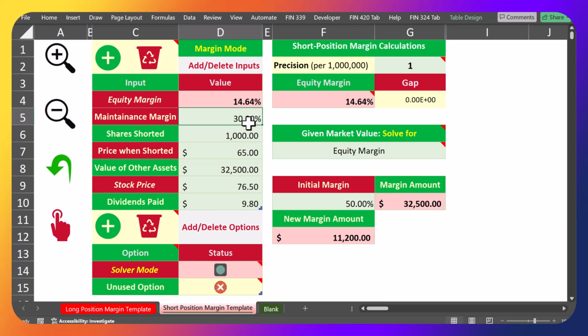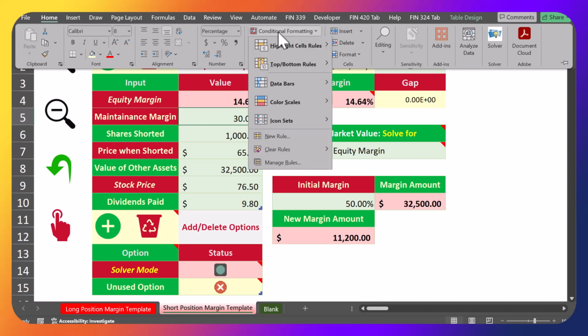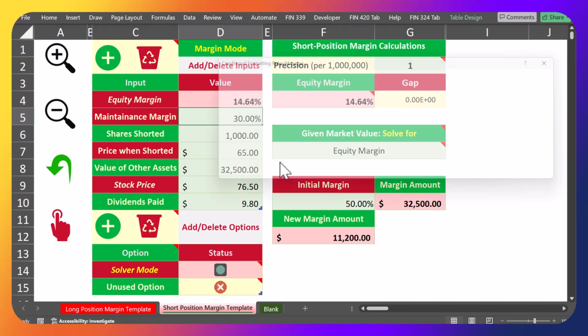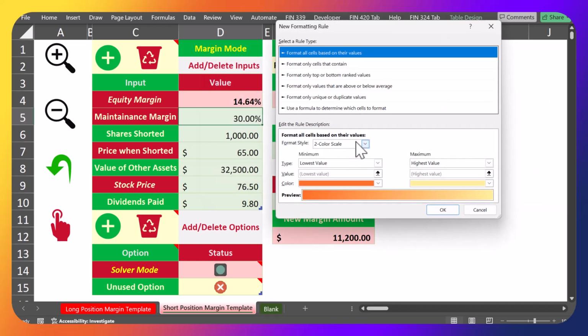In fact, let's go ahead and format this cell so that we will color it differently, or we'll add something here if it is indeed getting a margin call. So let's do this. Conditional formatting, manage rules, new rule.